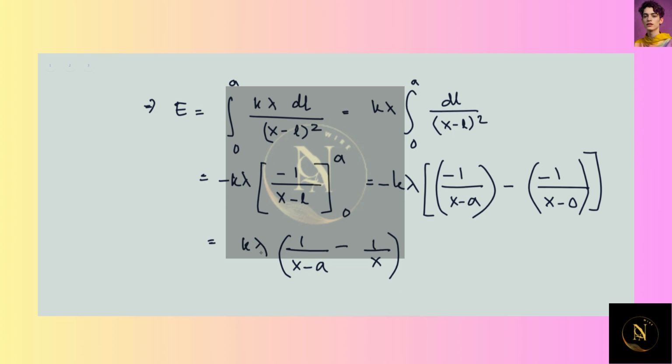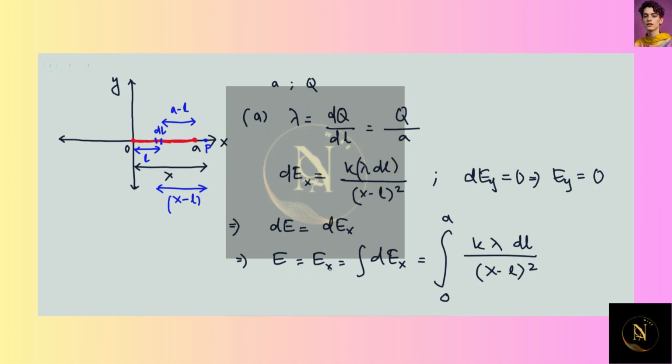Substituting the value of lambda, you get the electric field to be k times Q over a times 1 over x minus a minus 1 over x. So that's the electric field. As we discussed, the electric field comes entirely from integrating the horizontal component, and there is no electric field in the y direction.